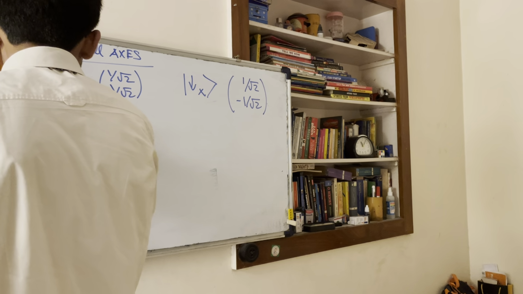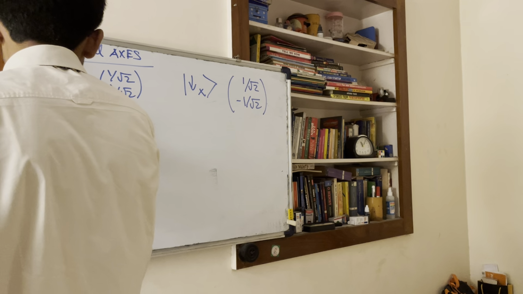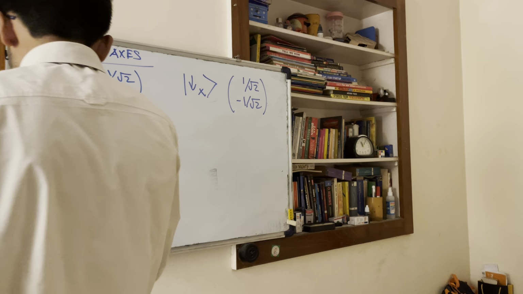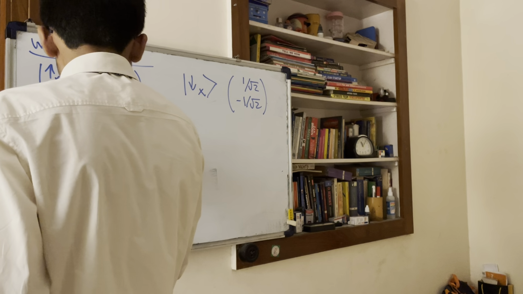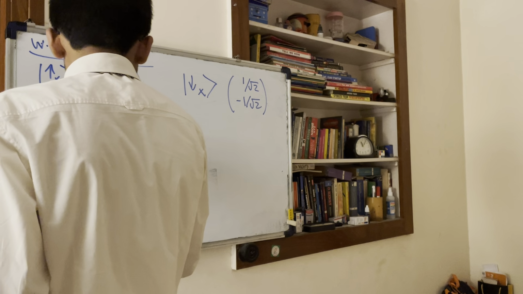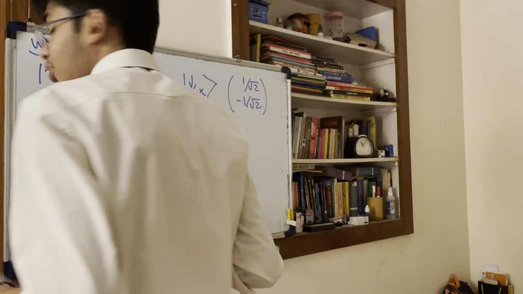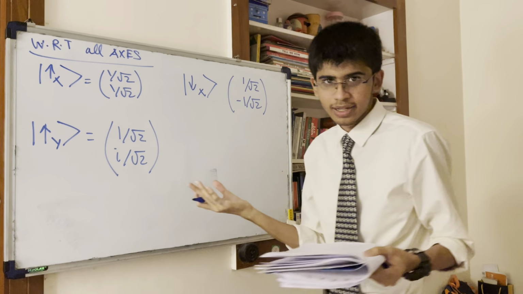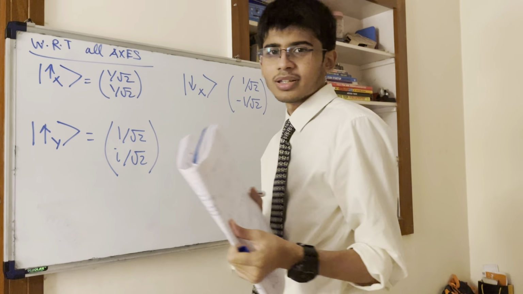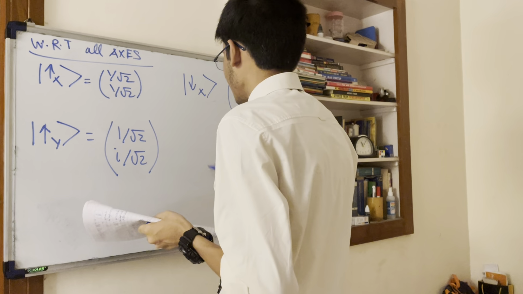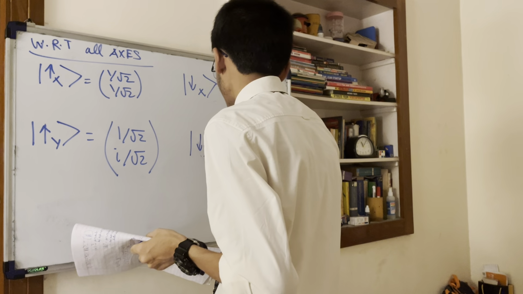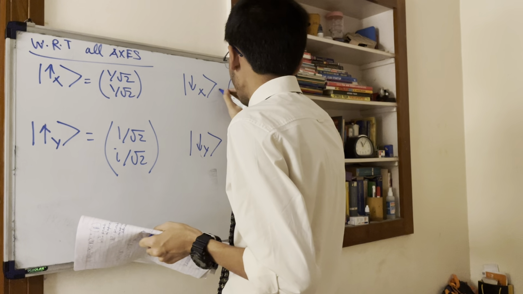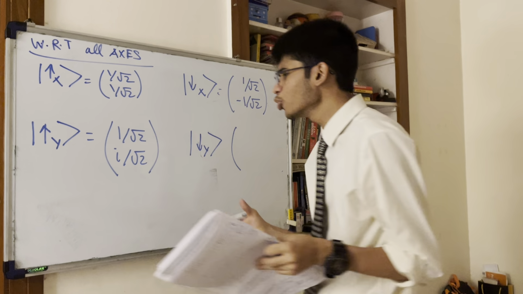Now if it is along the y-axis, if it is spin up along the y-axis, it is 1 by root 2 and i by root 2. This is where we first encounter i, the amazing imaginary number. If it is spin down with respect to y-axis, can you guess?